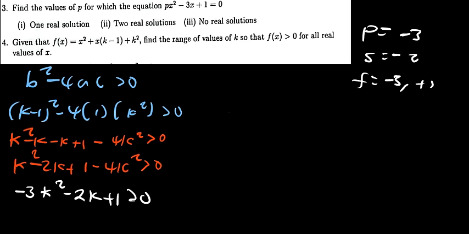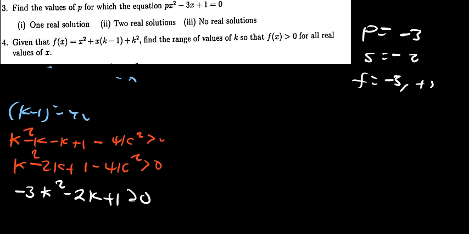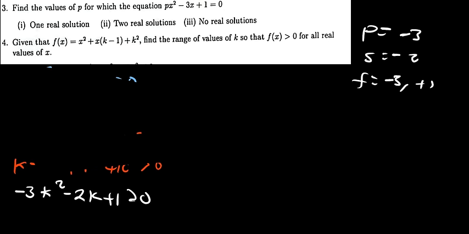So we'll have negative 3k squared minus 3k plus k plus 1 greater than 0.